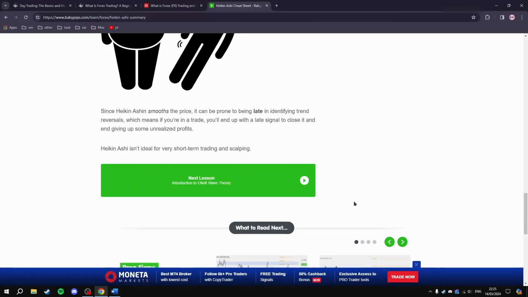Which means if you're in a trade, you'll end up with a late signal to close it, giving up some unrealized profits. Heikin Ashi isn't ideal for very short term trading and scalping.